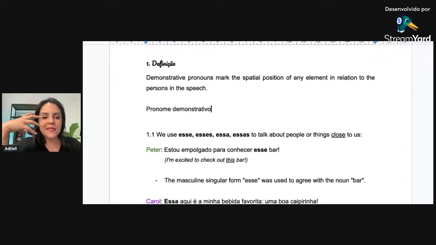Okay? We can use this definition, and when you use it in the text, there are some other things to consider too. But the relation is regarding where this pronoun is and where the things it relates to are in the speech. Okay?